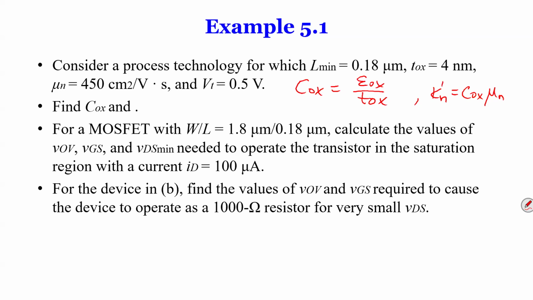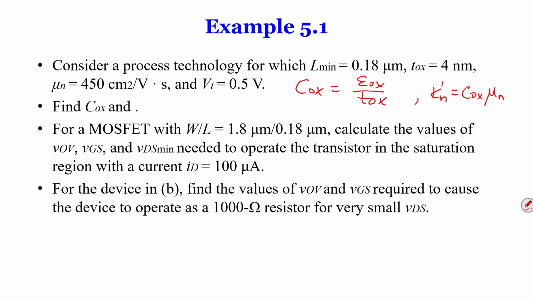So okay, the second step goes as, if W over L is 1.8 over 0.18, where W is the width of the MOSFET and 0.18 is the length, we want to calculate the values of VOV, VGS, VDS to operate the transistor in the saturation region with a current of ID equal to 100 microamps.